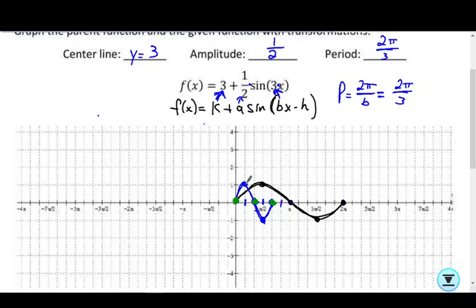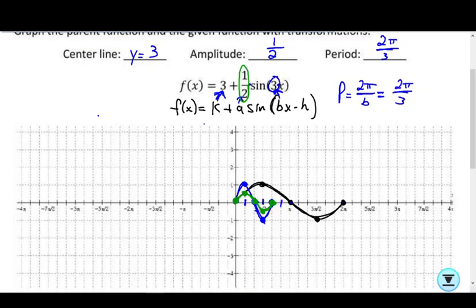The amplitude's only 1/2, so it only reaches to here and here. So there you go. There's that part. So 2 transformations down. The green one is this 1/2. The blue one is this.